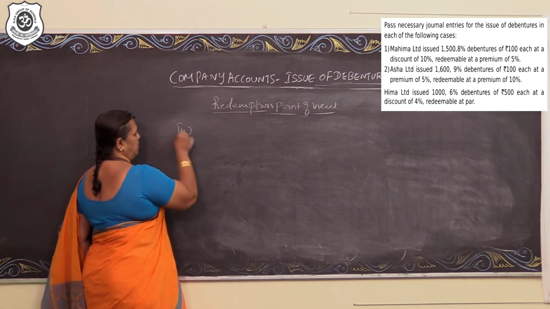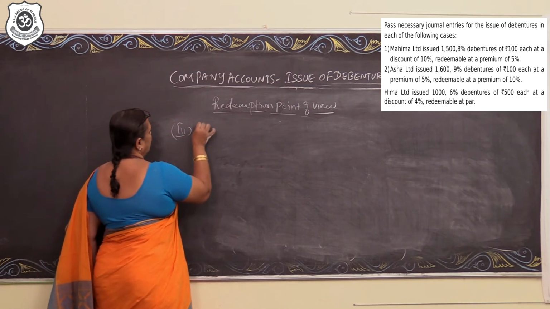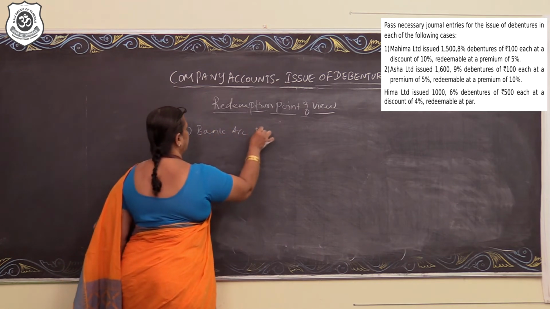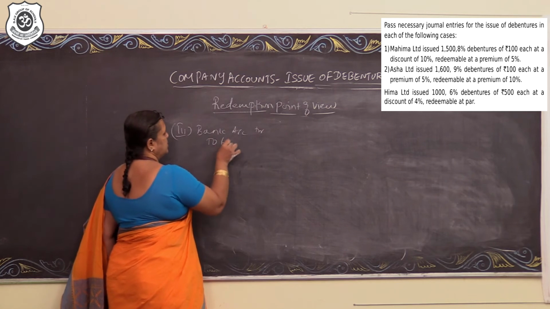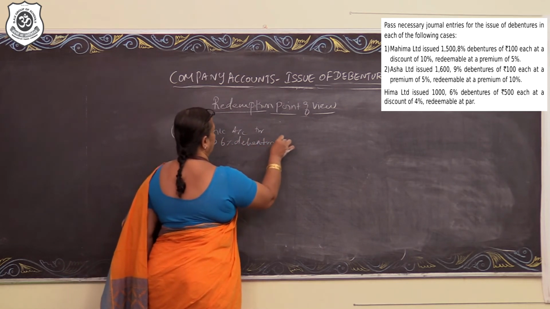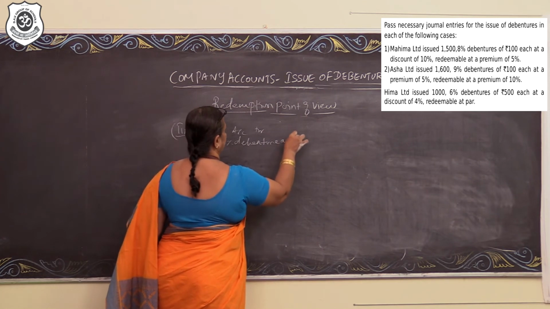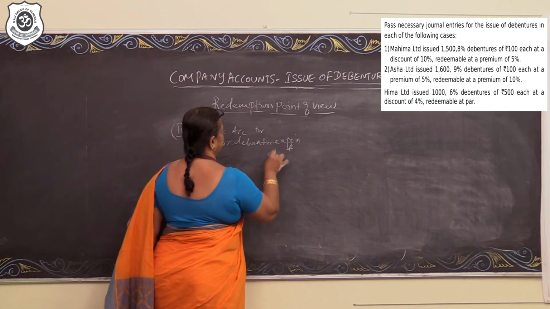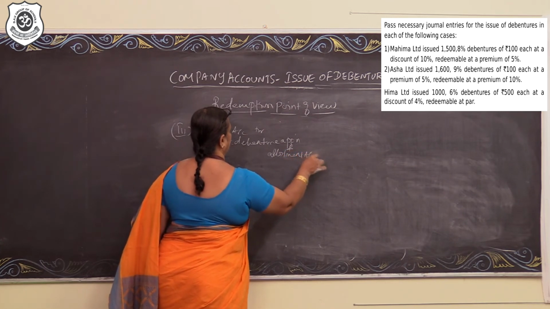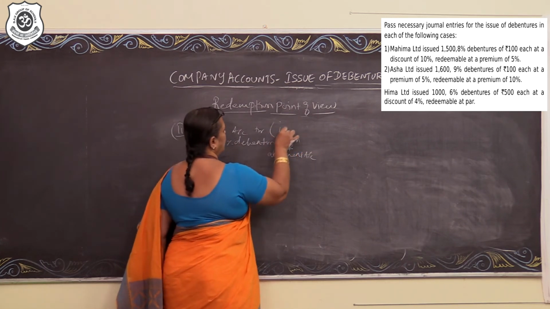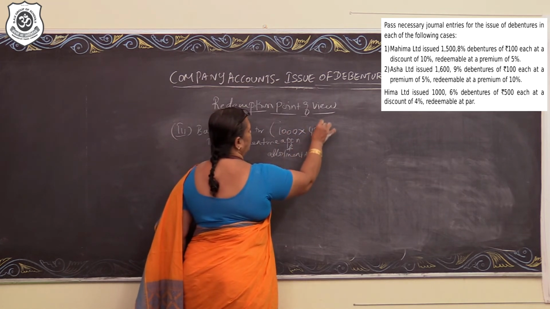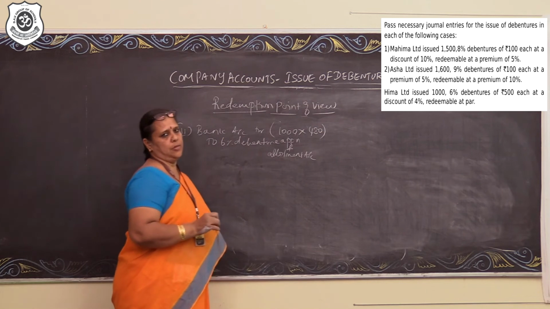So case 3, you have bank account debit to 6% debenture application and allotment account. You have 1,000 into 480 rupees because 500 rupees is the face value.